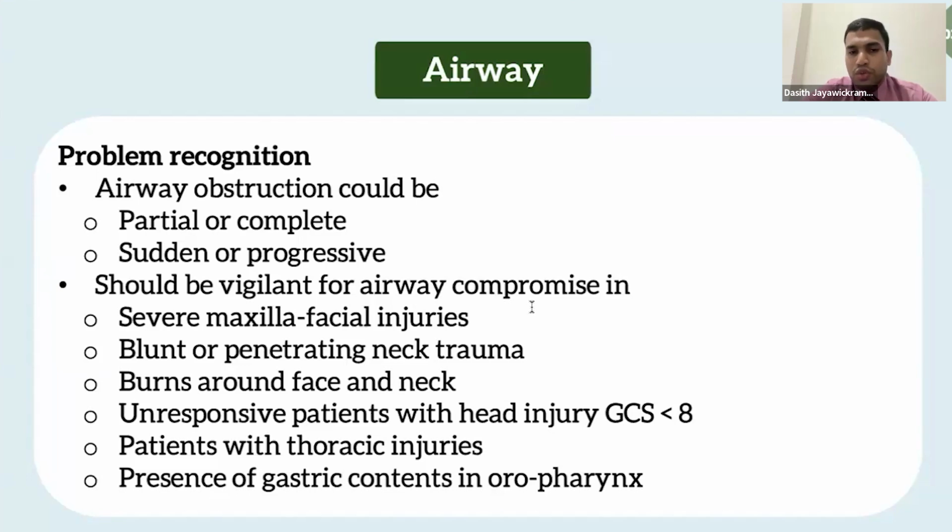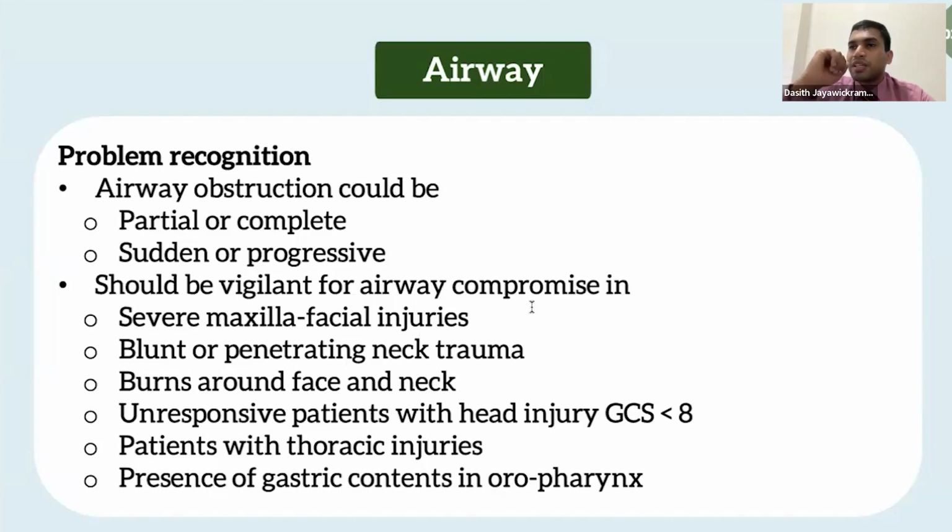And we should be vigilant for airway compromise in patients with severe facial injuries, massive injury to the face with distorted facial features. Then we should have a suspicion that maybe the airway is also compromised. Blunt or penetrating trauma to the neck could be injuring our trachea and larynx.